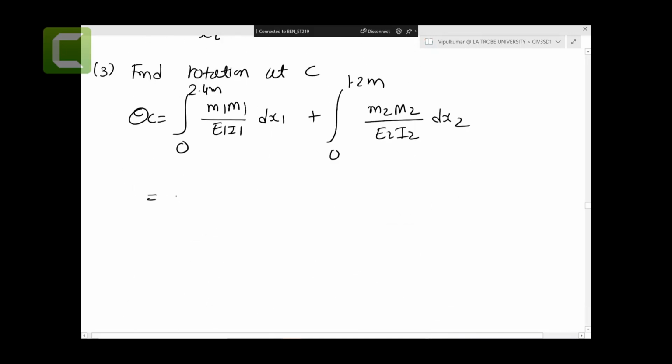Now let's plug in the values. EI is constant.